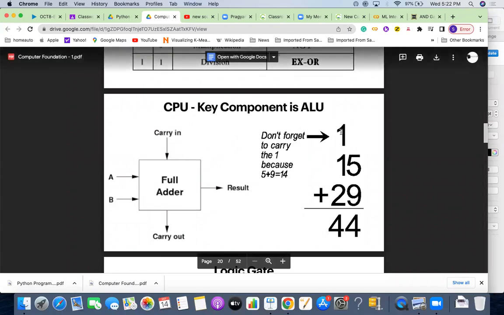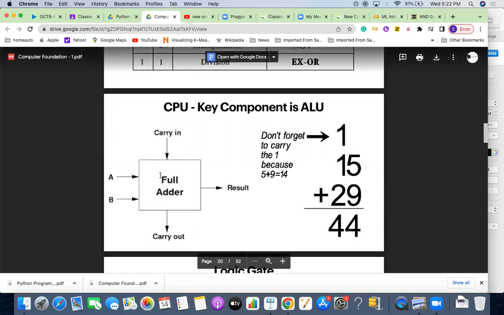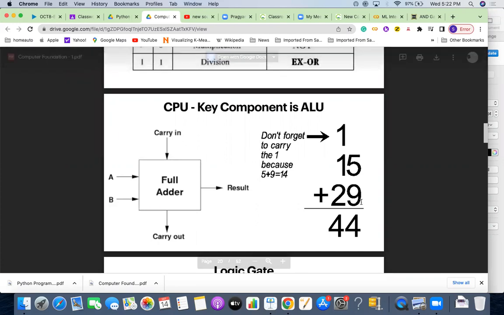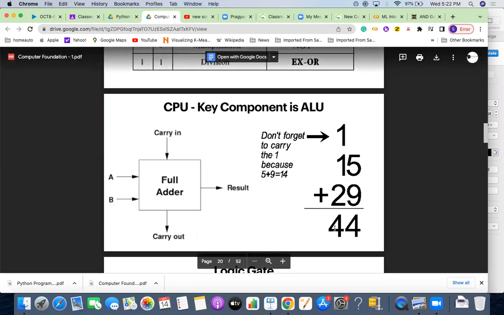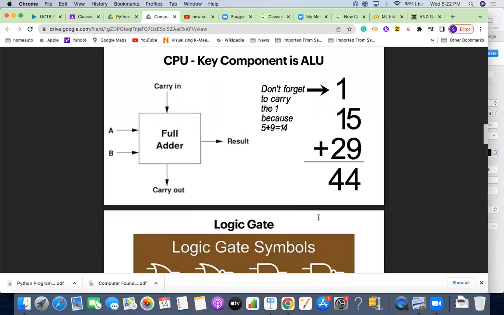For example, 5 plus 9 is 14, 4 is here, 1 is the carry. If it exceeds, again a carry will come, so that is carry out. I'm just giving a similarity of carry in, carry out, and the result.